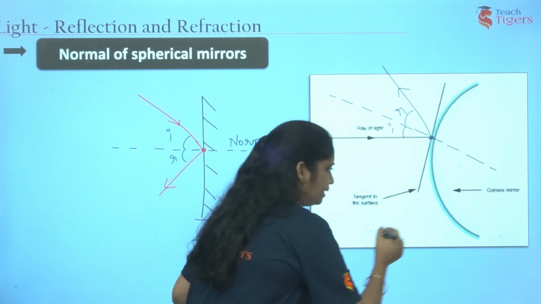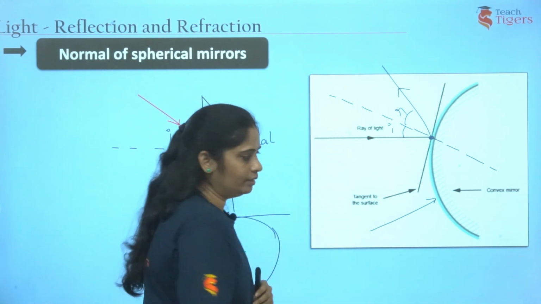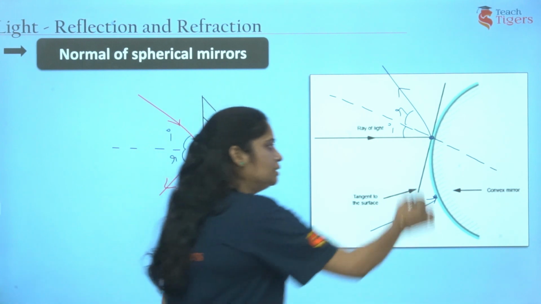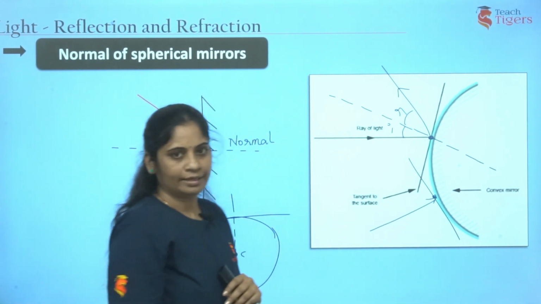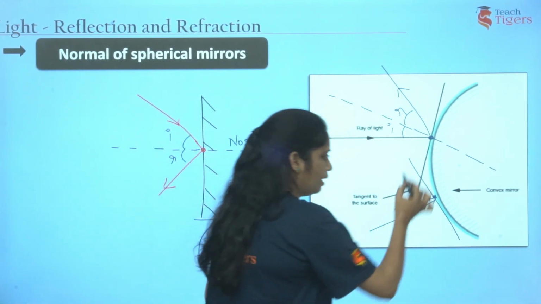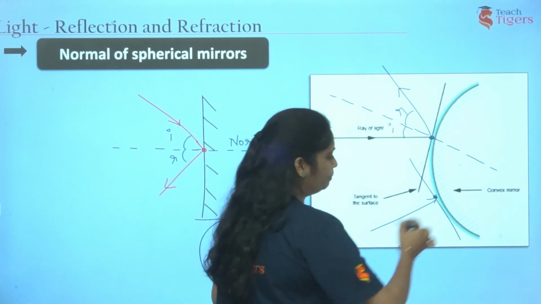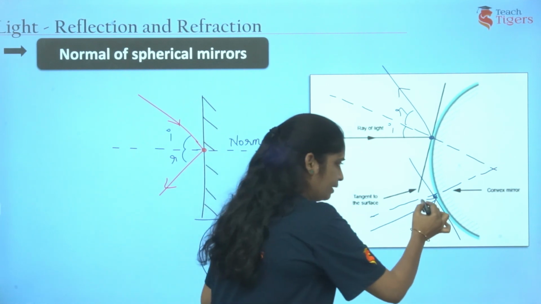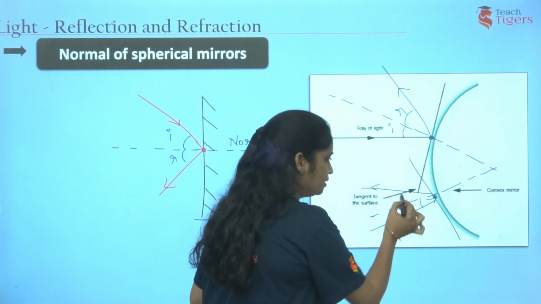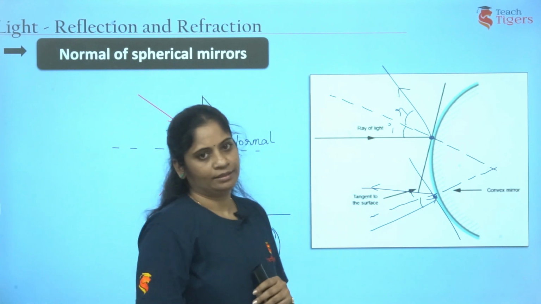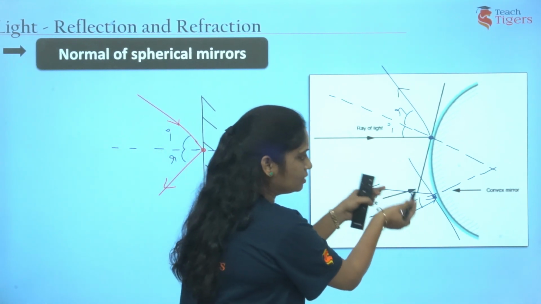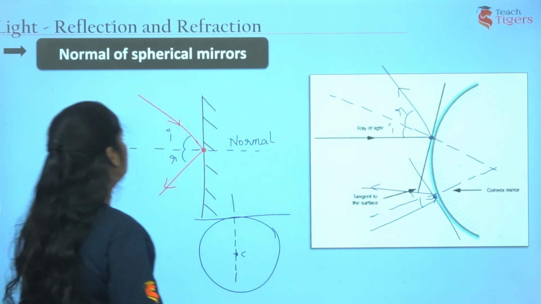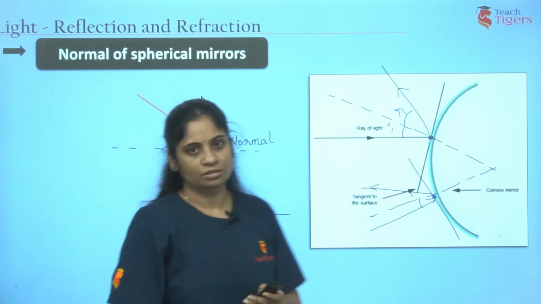Take any ray, and at the point of incidence draw a tangent, then draw a perpendicular to the tangent and find the angle of incidence. If you know the angle of incidence, you will get the reflected ray easily, because the angle of incidence is equal to the angle of reflection. This is how we draw the normal to spherical mirrors.